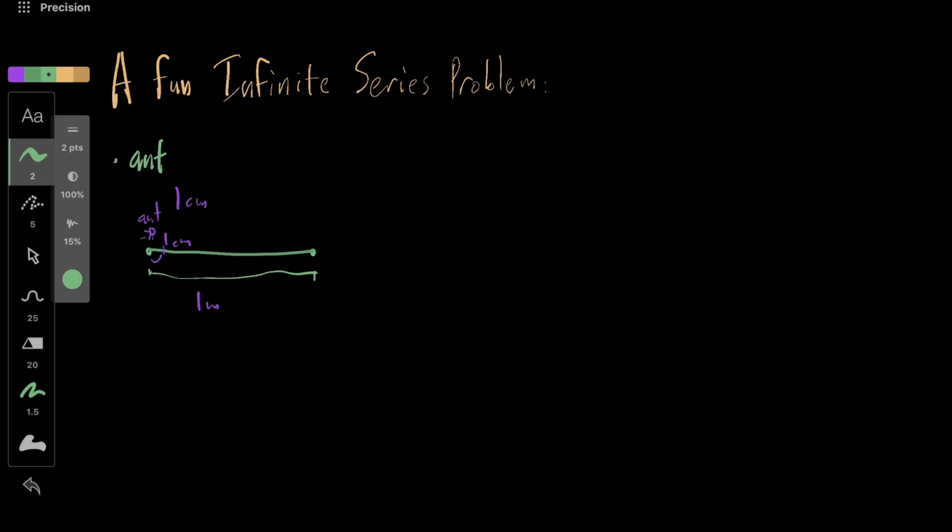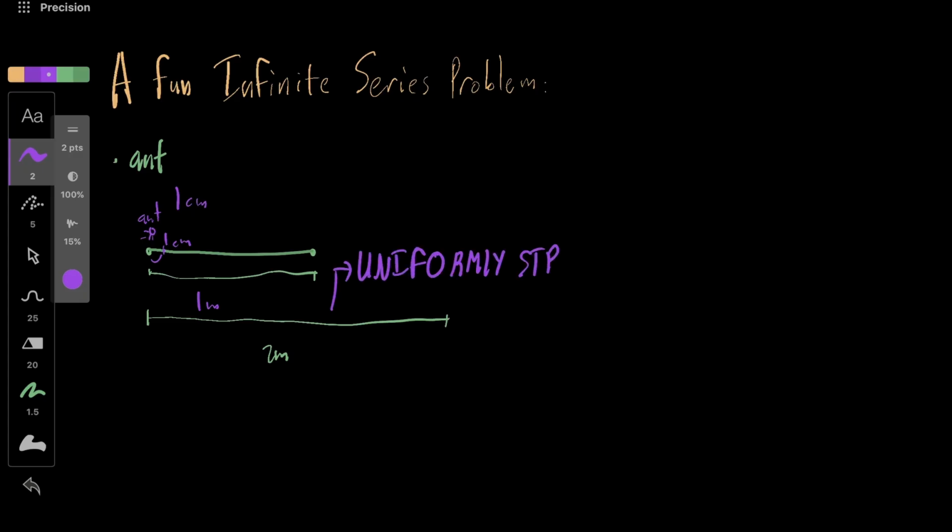So in this first second, this ant goes 1 centimeter, and then what happens is the rubber band becomes 2 meters. Now, one thing to keep in mind, as I said earlier, it is uniformly stretched. This will come in very handy later.